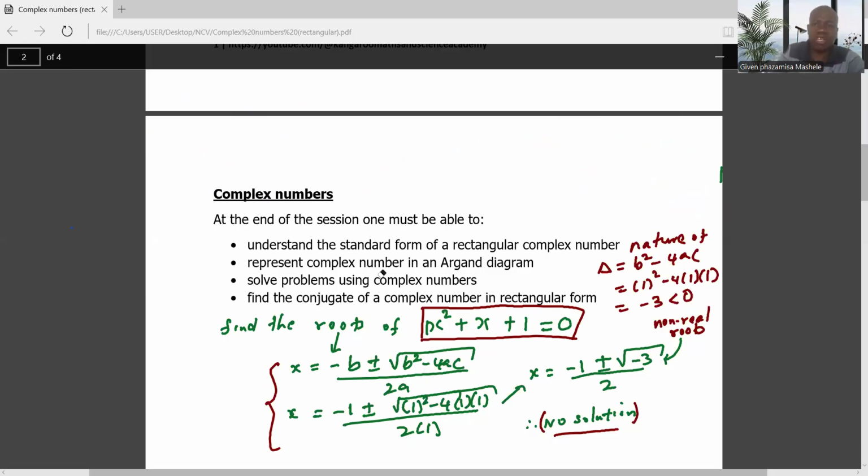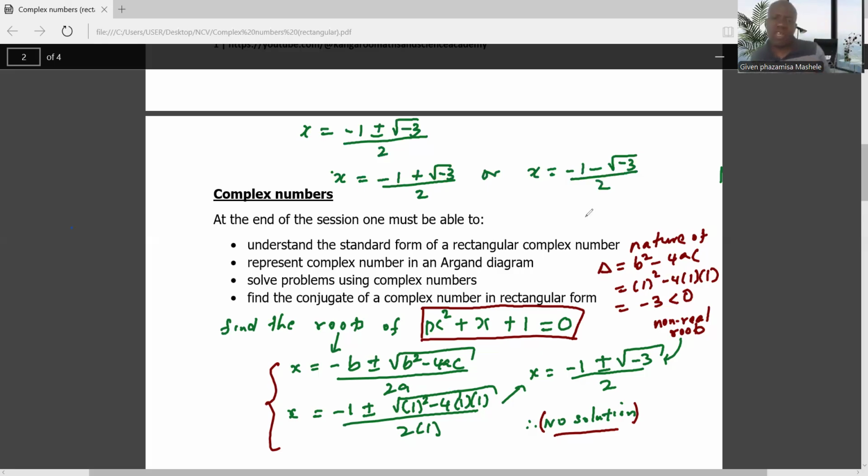And what will be the solution? We have to continue solving from x equals -1 plus or minus the root of -3 divided by 2. We can simplify this and say x equals -1 plus the root of -3 over 2, or x equals -1 minus the root of -3 over 2.